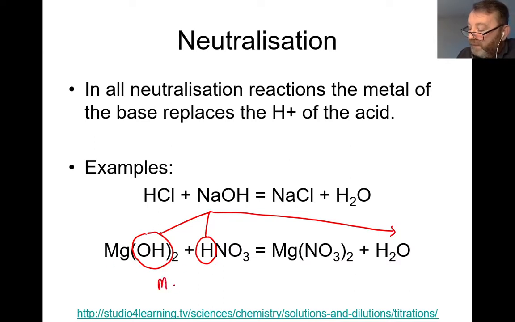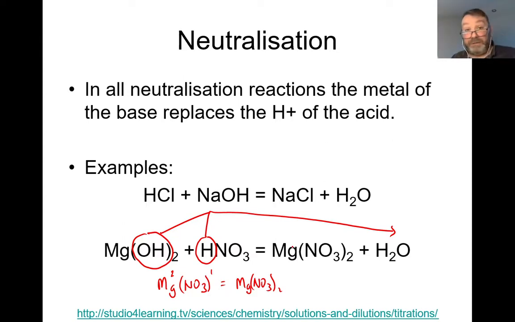Now when we take the Mg with the NO3, this is where our radicals are extremely important, because the valency of magnesium is 2, being in group 2, and the valency of the nitrate radical is 1. So therefore, when you cross these over, you get Mg1 (NO3)2, and that's why it's written that way.